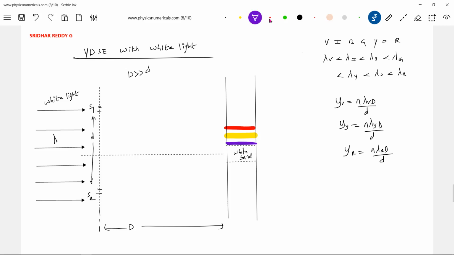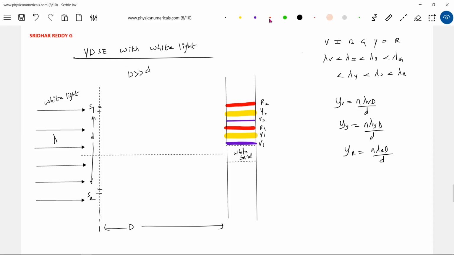So again violet. Second order, this will be red. So this will be V1, Y1, R1, V2, Y2, R2. There's a chance that this violet may overlap with other colors. The second order violet may overlap with the red color.